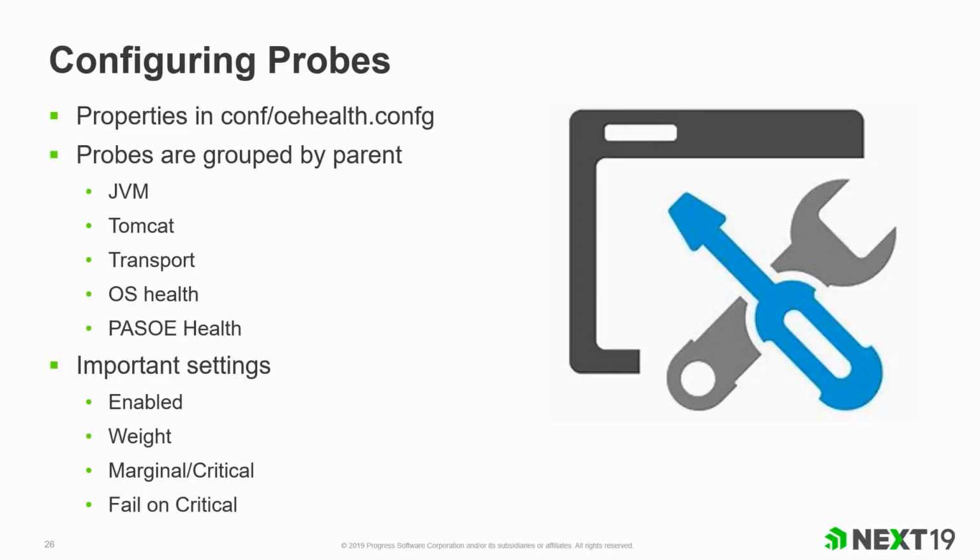So certain probes like memory, if you're running low on memory, that may not tip a server into unhealthy if all the other probes are reporting good. But if you reach that critical level, you want that VM to fail because it's going to fail eventually. So fail on critical, you can set on probes saying, okay, if this probe goes critical, my whole server is going to be unhealthy, and we'll take action that way.